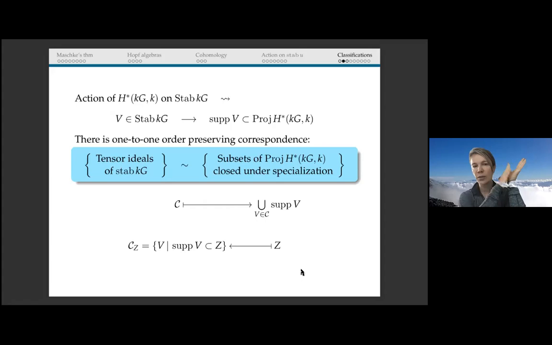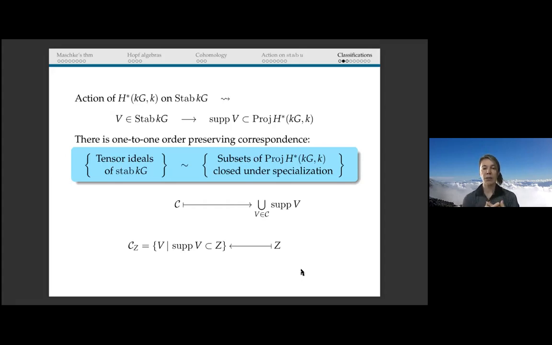So it's the usual support in commutative algebra. And we can define it because now we have moved everything from representations of G to just modules over this graded commutative algebra, which is the cohomology algebra. So now we can define what support is.